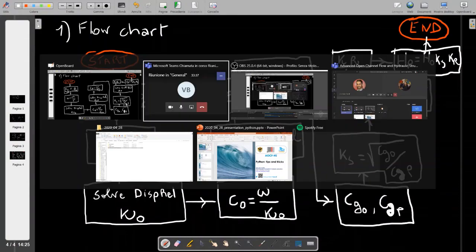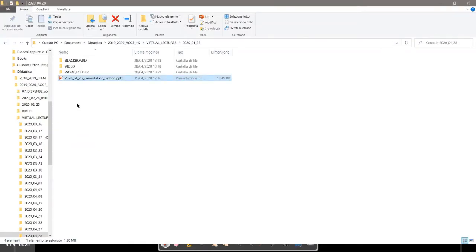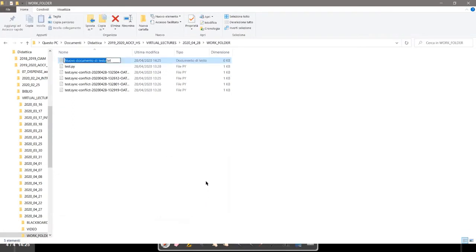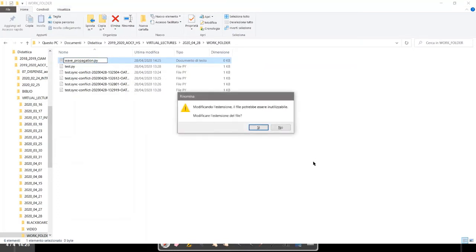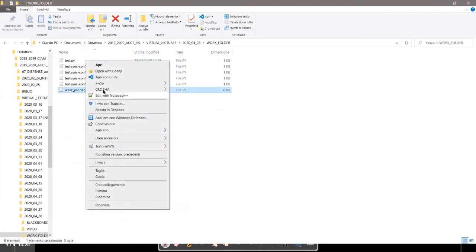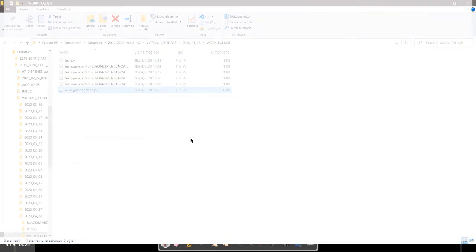Then we simply go here, we make a new script that we can call wave propagation. We change the extension to py, and then we open with Visual Studio Code and we try to translate the flowchart in a script.